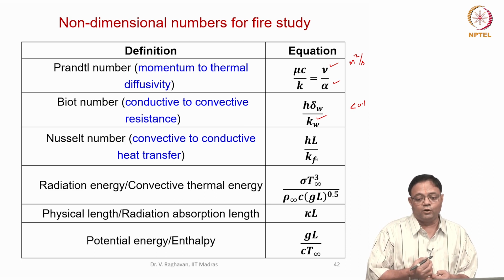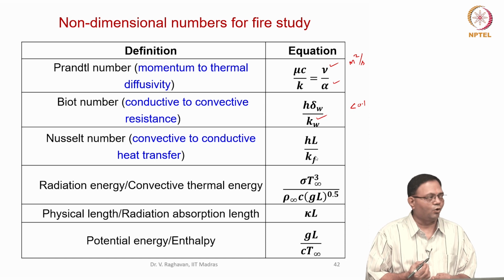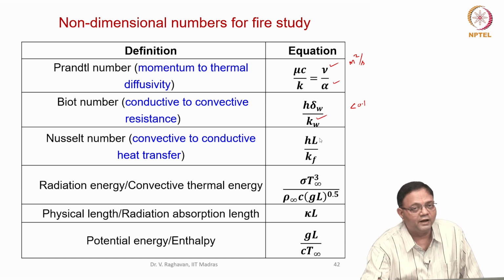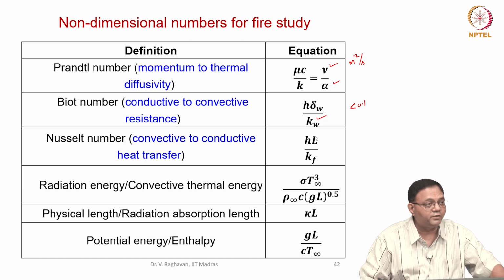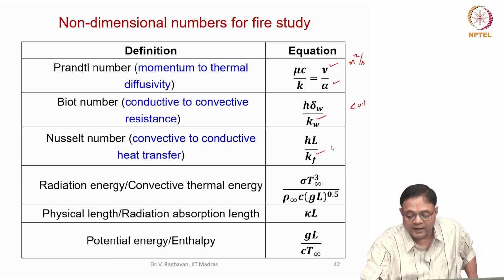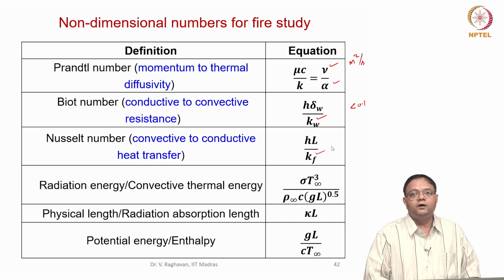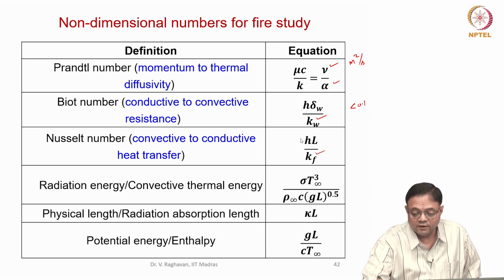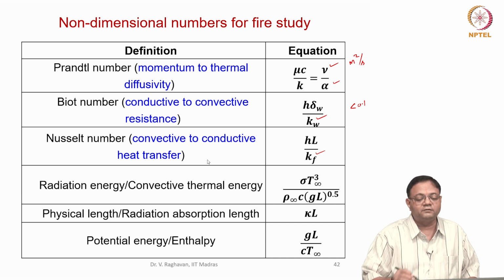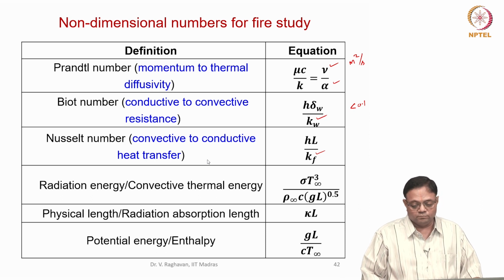If h value is very low, then Nusselt number will be very low. Then conduction will be dominating the heat transfer and so on. So here you use the length scale, whatever you use for the fluid, and the Kf, the thermal conductivity of the fluid, is used here. Okay, so this is the important difference between the Nusselt number and the Biot number.